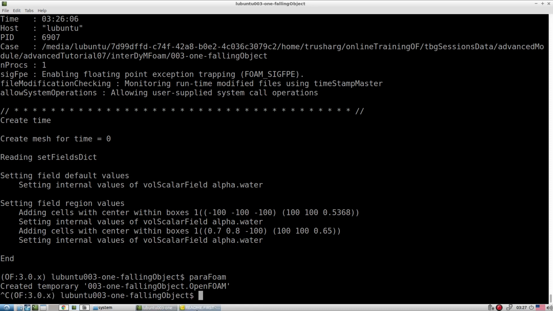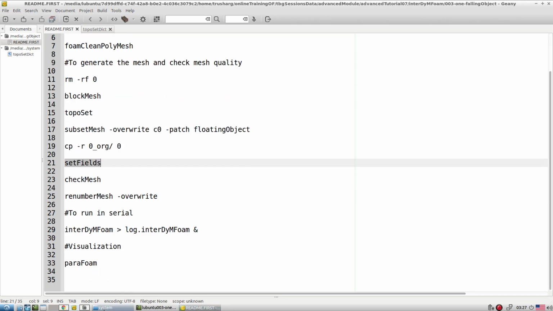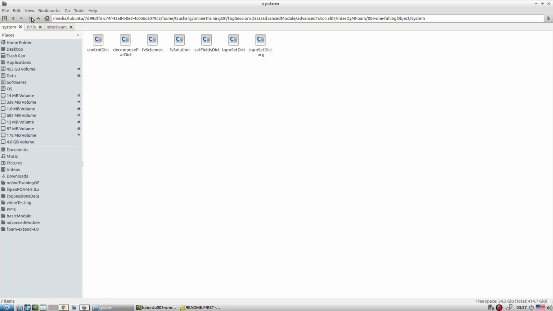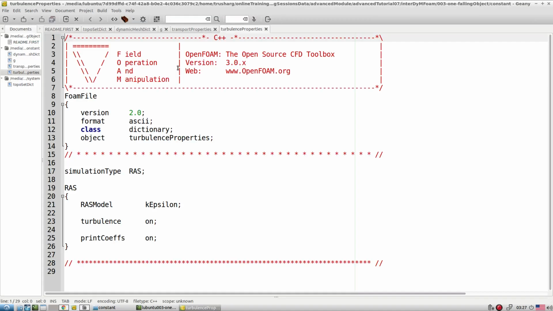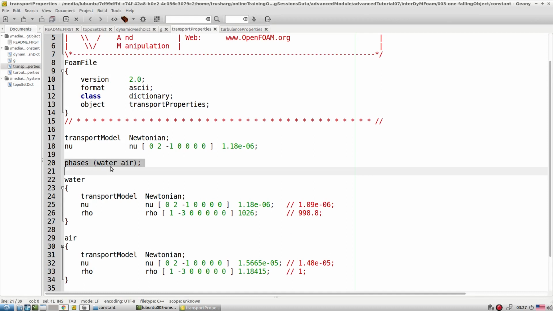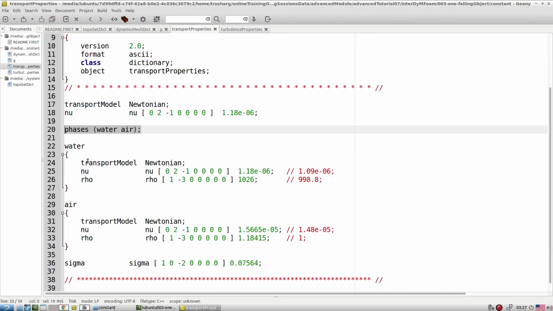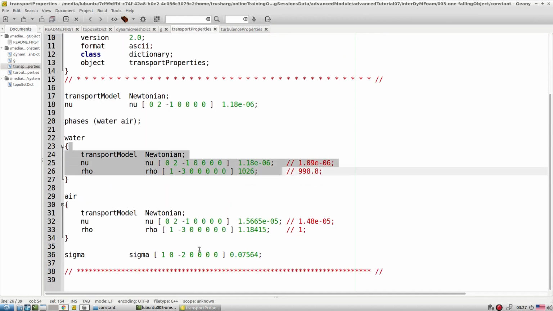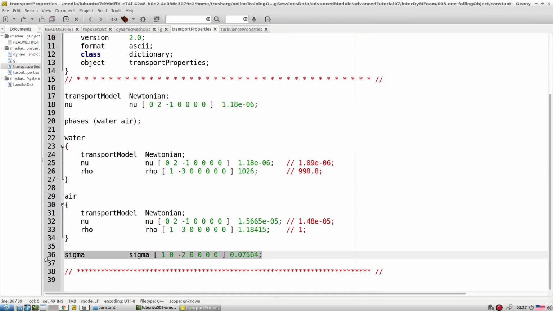Before we start the simulation, let's look at the settings whatever we require. In the constant folder, we just look at a few entries from this area. First is transport properties. We say phases, water and air, and for the water we specify the properties, for air we specify the properties, and we also specify the surface tension.